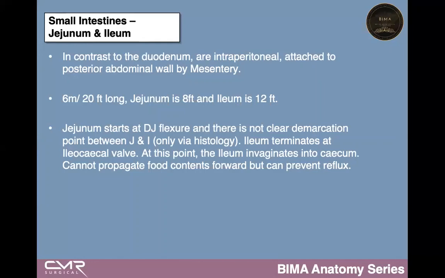An important point to understand here is that it cannot actually propagate food contents forward, but it can only prevent reflux. And this is quite important when it comes to things like obstructions further down the line. And it also means that obstructions in the large colon are quite easily identifiable.